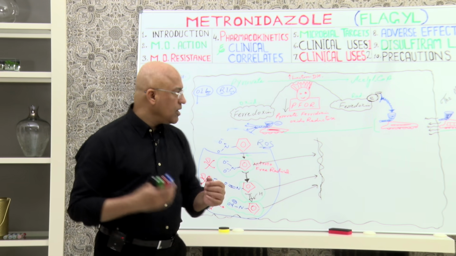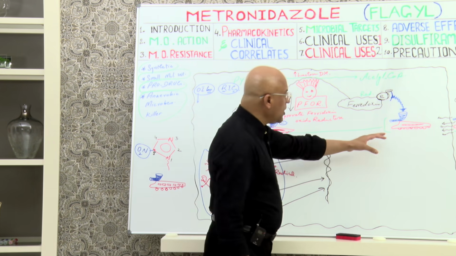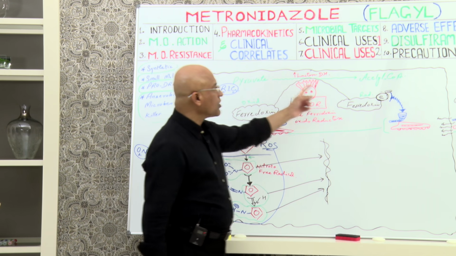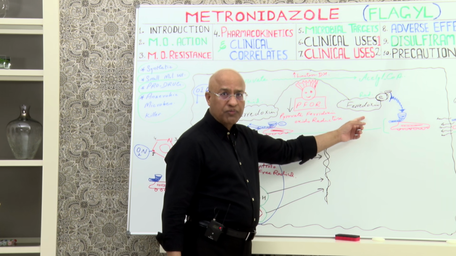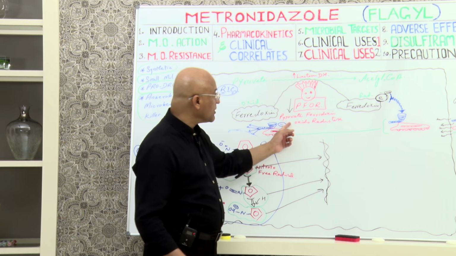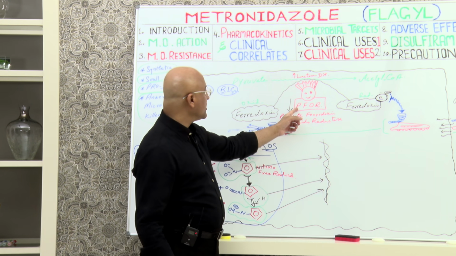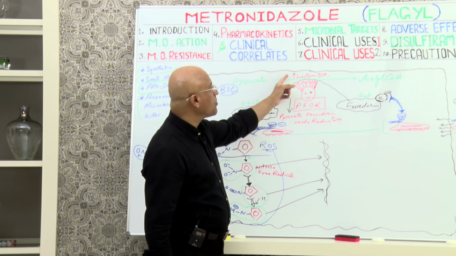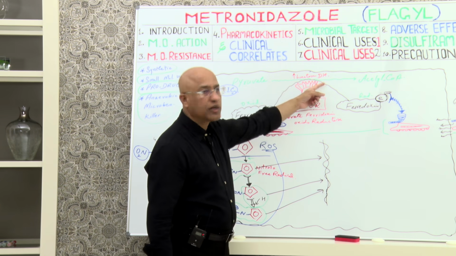So the most common mechanism in Helicobacter pylori, Trichomonas vaginalis or any other anaerobic organism which becomes resistant to metronidazole is that the reduced form of ferredoxin is less, due to reduced activity of pyruvate ferredoxin oxidoreductase, and there might be increased activity of lactate dehydrogenase.